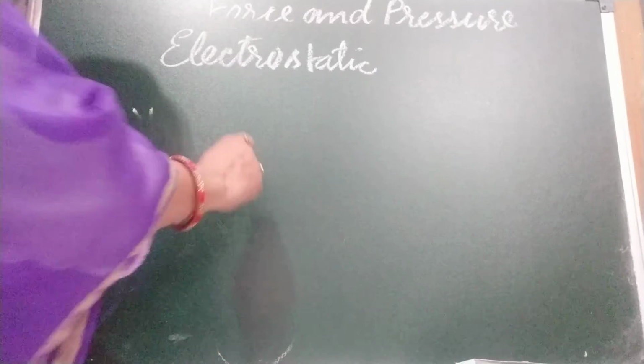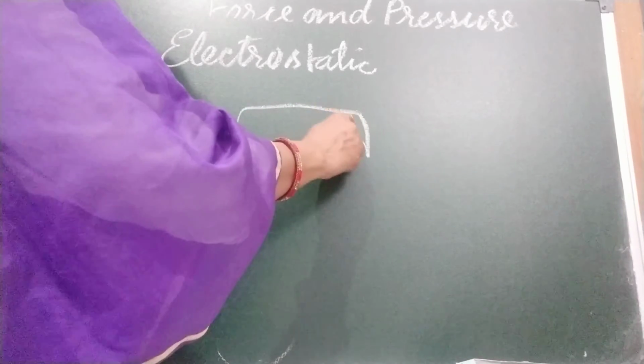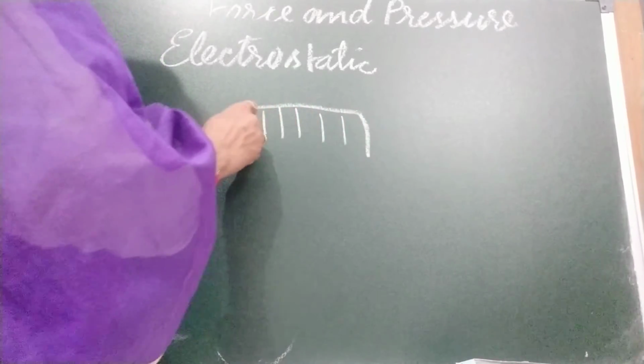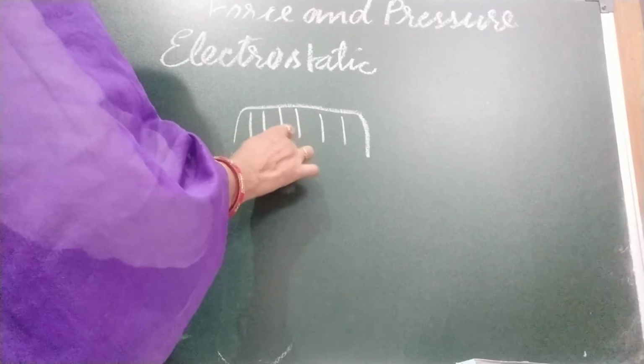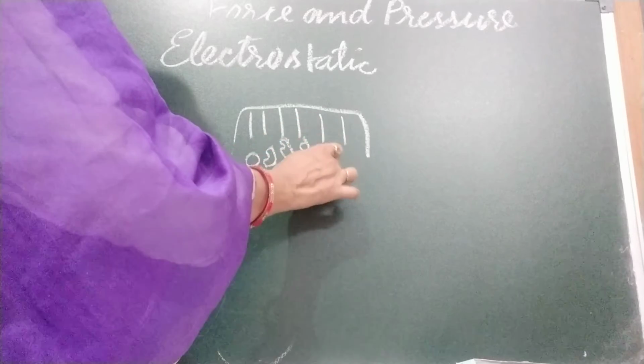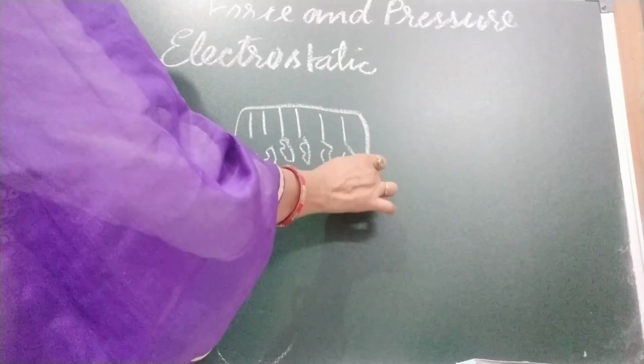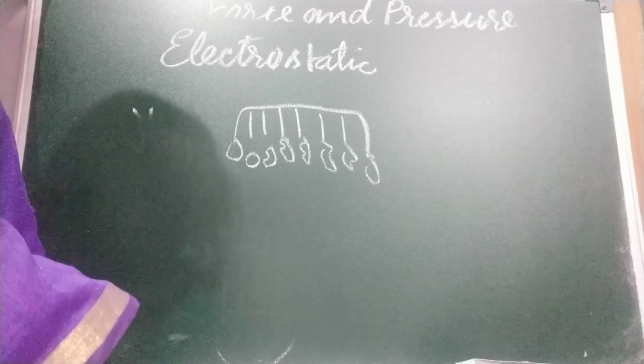Rub a comb through your dry hair for some time, then bring the comb near bits of paper. Then what will happen? These bits of paper get attracted by this comb. Why does this happen? This happens just because of electrostatic force.